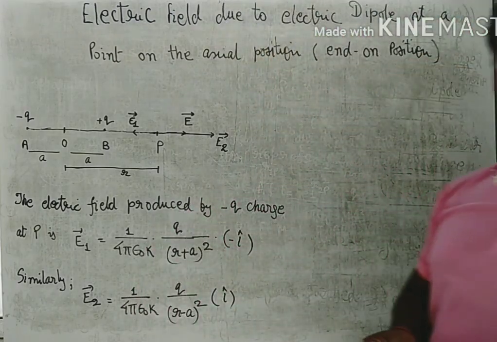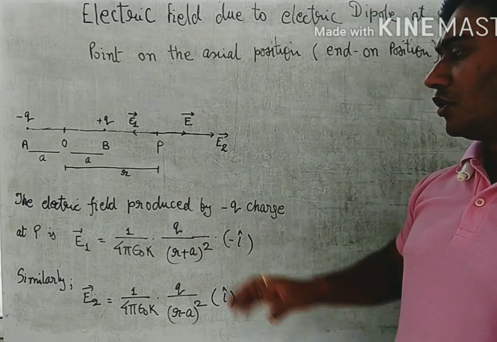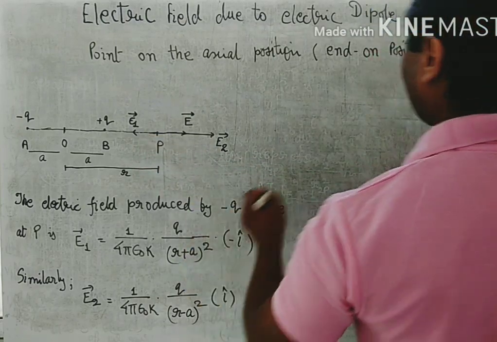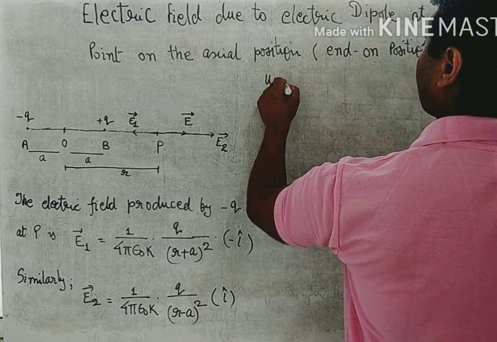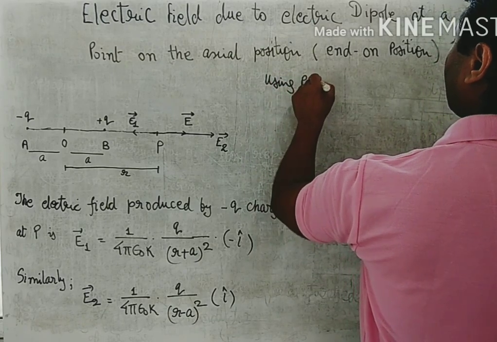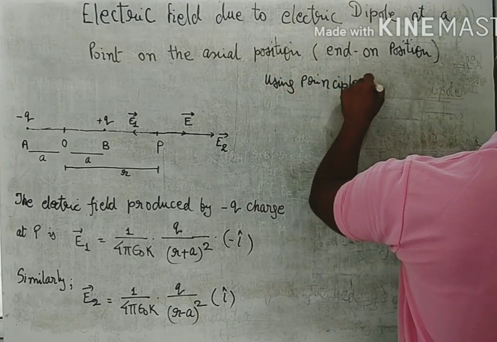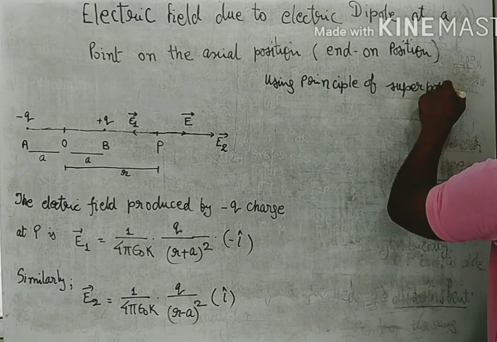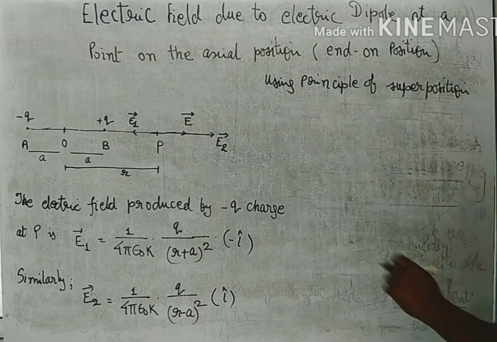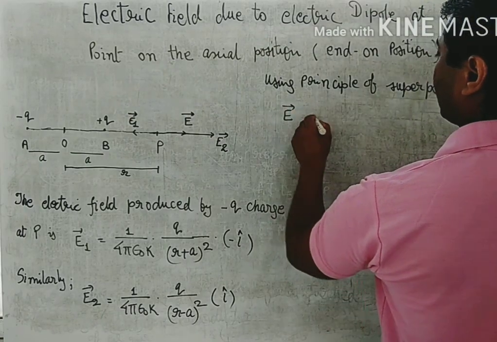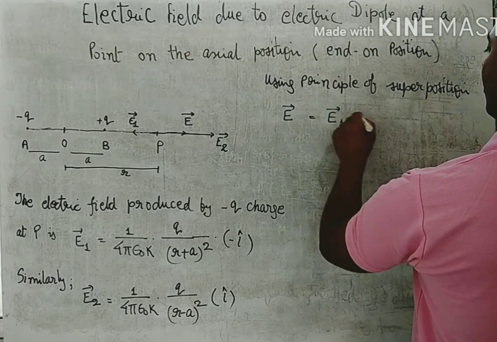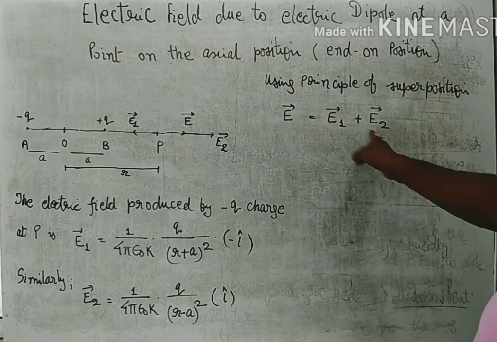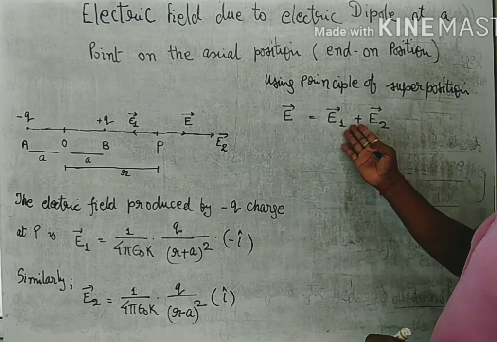Now, using the principle of superposition, we can write the resultant electric field at P. So, using principle of superposition, vector E resultant electric field will be the vector sum of electric fields produced by two different charges at that point.